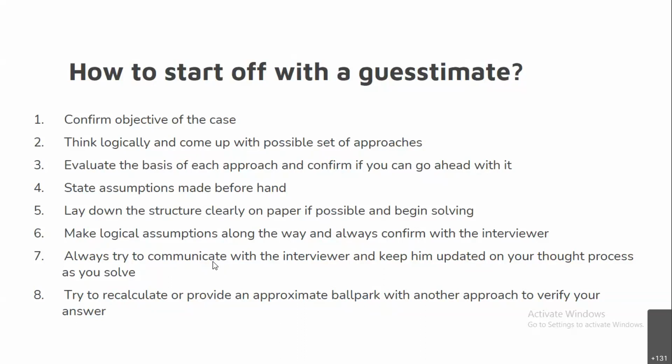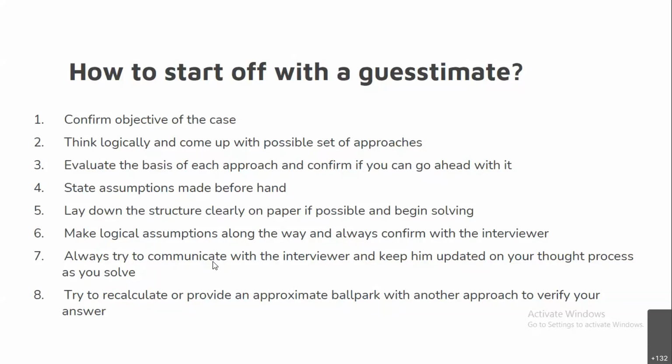Say, for example, you're doing the number of pizzas a person eats: you can talk about how many pizzas a person can eat and the number of people who come to a place and get an answer. And you can also do another method whereby you see how many people go to the shop in the first place and how many pizzas the shop sells or can make. So you have two different approaches.